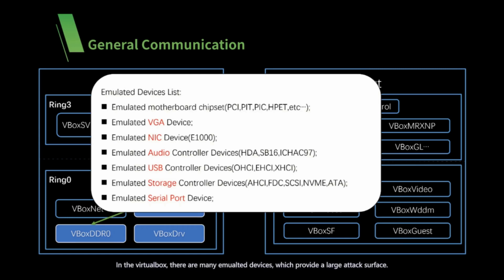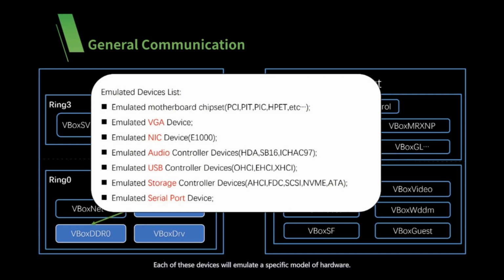In VirtualBox, there are many emulated devices which provide a large attack surface. As shown in the figure, motherboard chips, graphics cards, network cards, sound cards, storage controllers, and so on. These are all emulated devices.